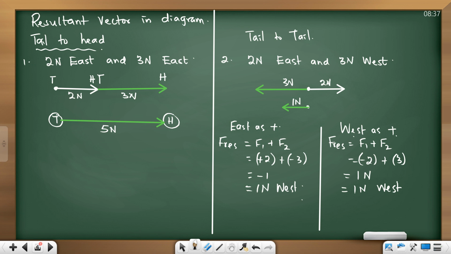All right, okay. I've got a question. Is the 1 Newton the remainder of 3 Newton after subtracting 2 Newton, or the other way around? Going to answer that quickly.